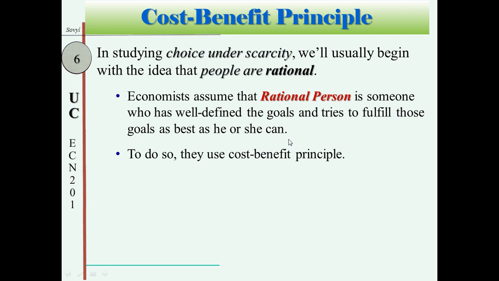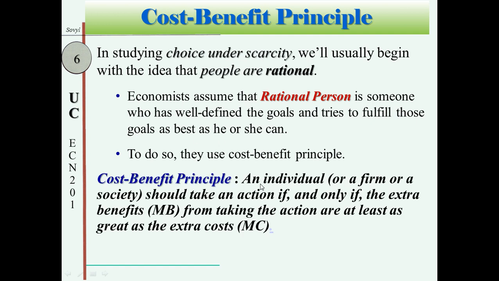Previously, under the scarcity principle, we looked at cost-benefit analysis. But now we will see the cost-benefit principle. Rational people will use the cost-benefit principle in order to try to reach their goal, their objective or their plan.